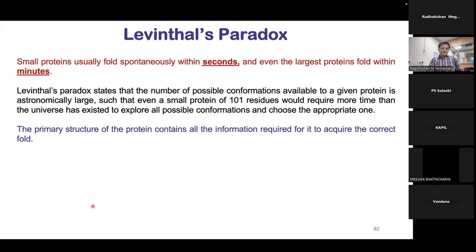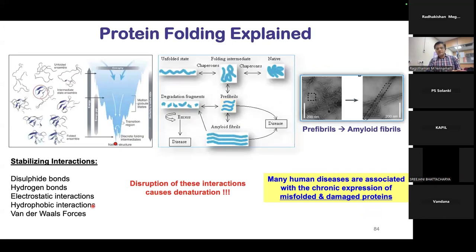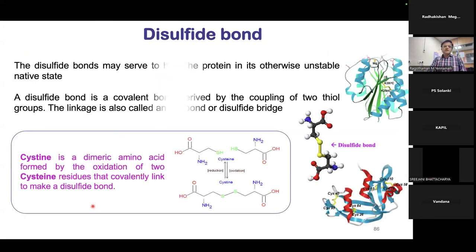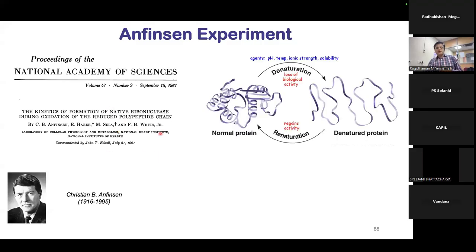Now, I'll come back to all these points. Very interesting work was what Christian Anfinsen did. Christian Anfinsen worked with the ribonuclease protein. Now, this ribonuclease protein contains certain bonds, like any other protein.